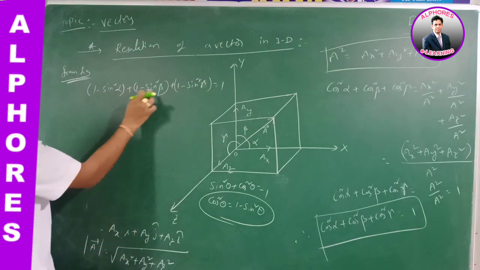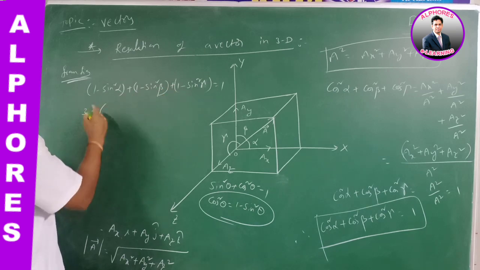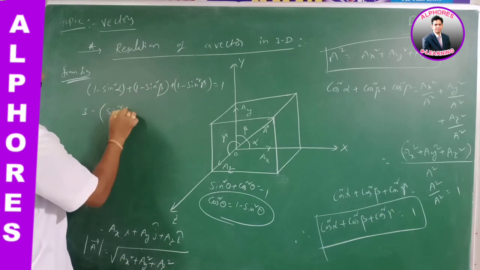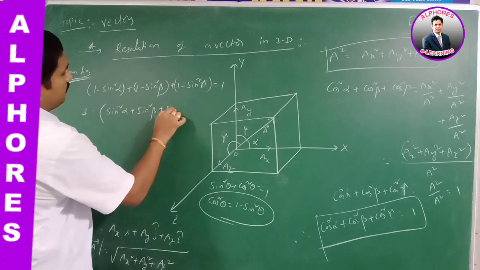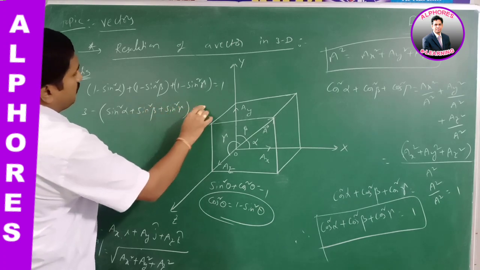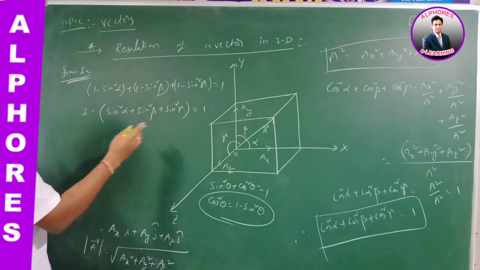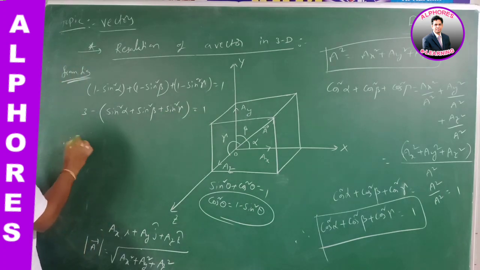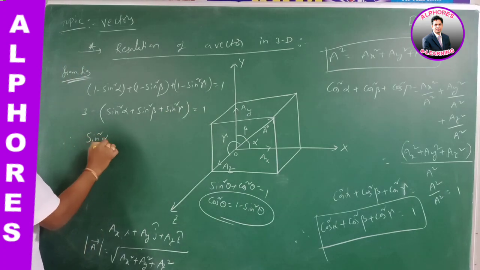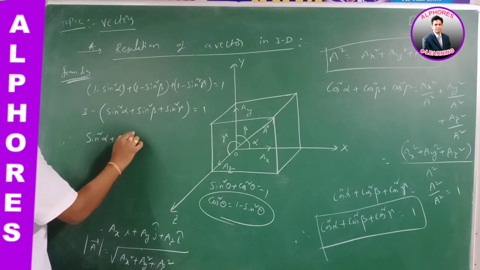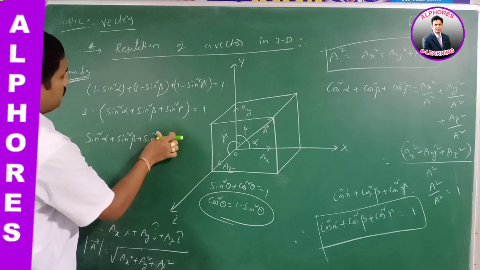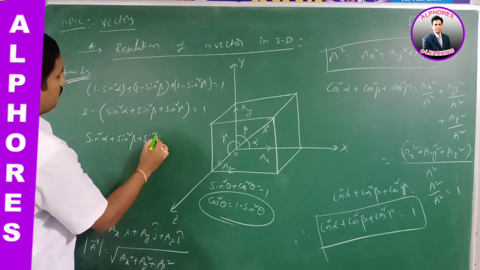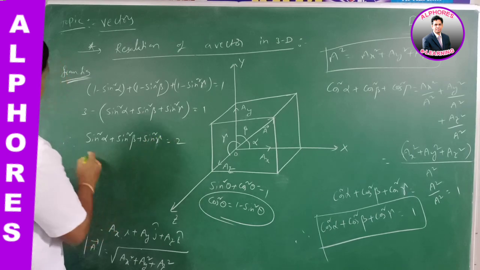Here 1 plus 1 plus 1 is 3, minus the common term sin square alpha plus sin square beta plus sin square gamma, which is equal to 1. Therefore, sin square alpha plus sin square beta plus sin square gamma is equal to 2.